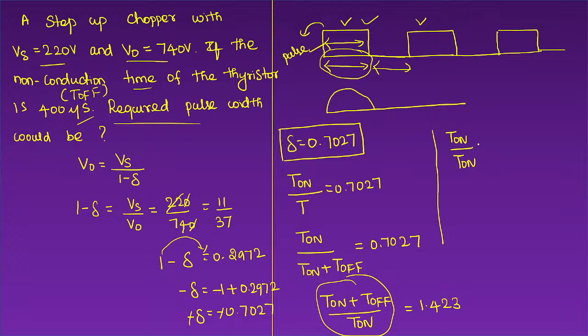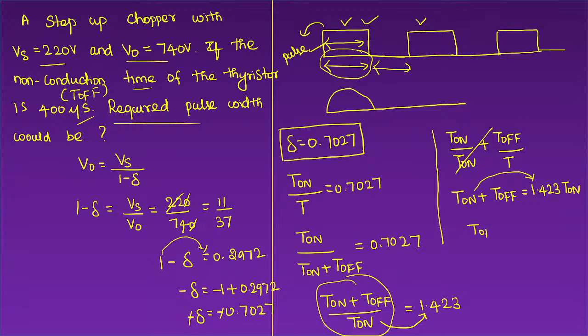Or also we will do one thing. Pass this T on to the right side, that will be simple, instead of going in this way. Again, it will take much time. T on plus T off equal to 1.423 times of T on. This is easy.